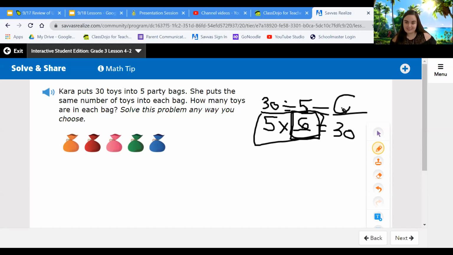It'll equal 6. Very good. Because 5 groups, these 5 bags, with 6 of them in each, will give us our total of 30 toys. So let's go ahead and continue with that thinking going forward.